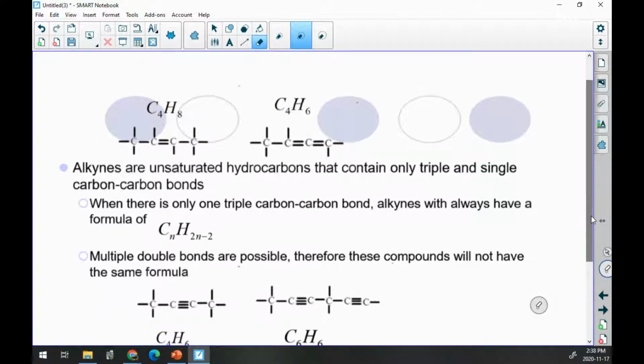Alkenes, so examples here, C4H8, this is our CnH2n, twice as many. This guy has got two double bonds, so he's CnH2n minus 2.